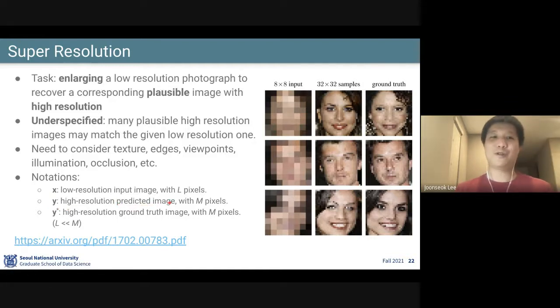In machine learning, usually we use Y hat for the generated image, but they use just Y for the predicted image. So don't be confused. And Y star denotes the ground truth image. In machine learning, they use just Y for this, but they use Y star. So you have to be cautious about this notation. That's why I wrote it here.